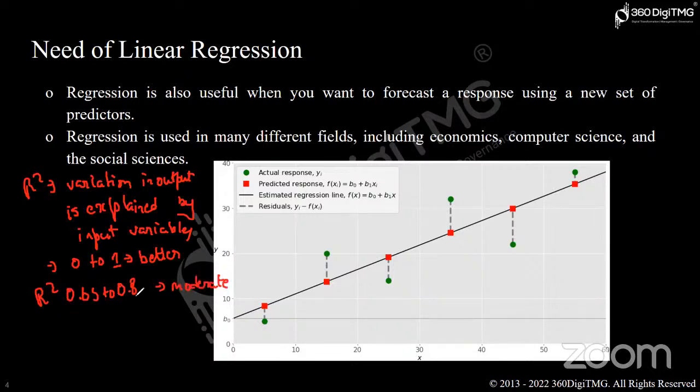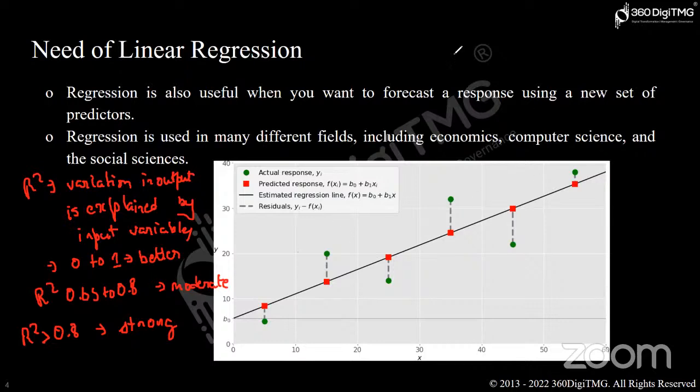This means the value is good, not the best. If your R square value is greater than 0.8, this is a strong value. This is what we are trying to do: make sure that our R square value is as high as possible.